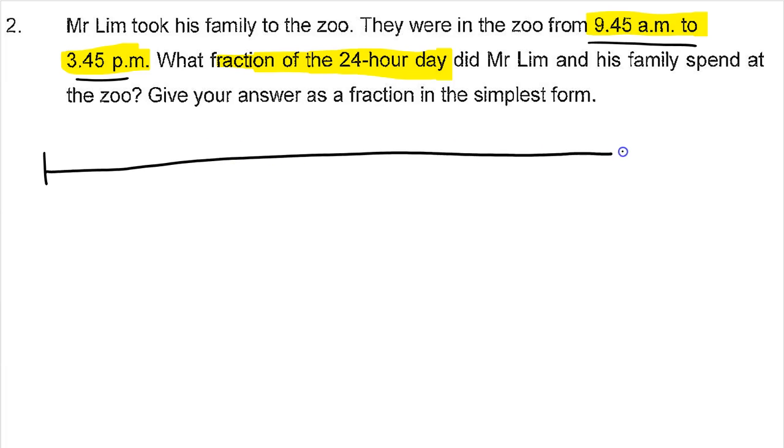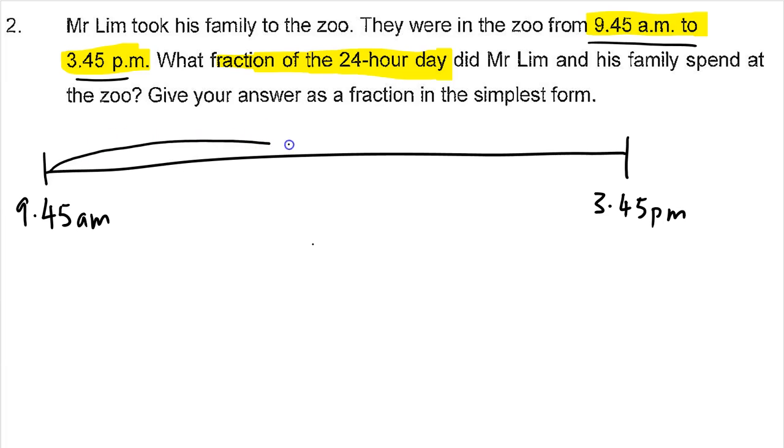Okay, now if you would like to be very sure in the exams, because mental sums sometimes can fail you, please feel free to do up your timeline in order to find out the duration. So you started off in the morning and you can jump by an hour.